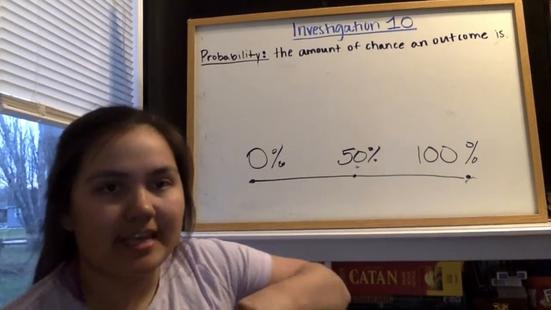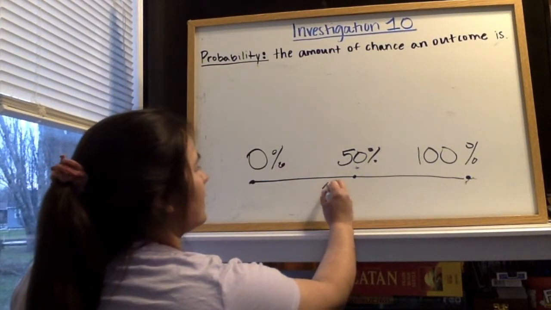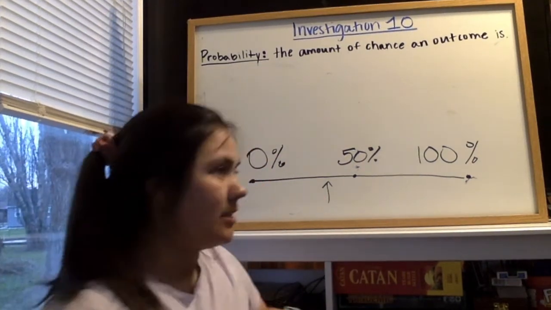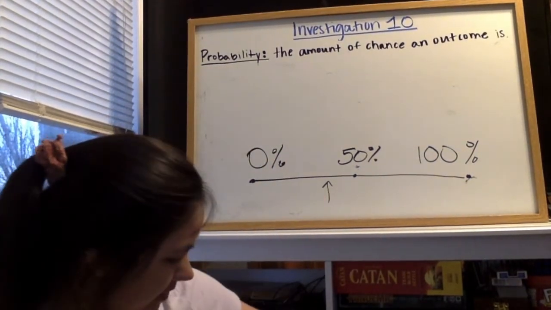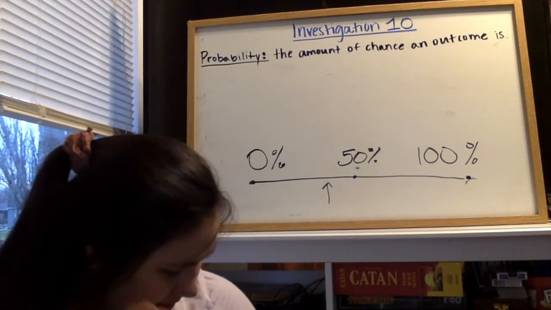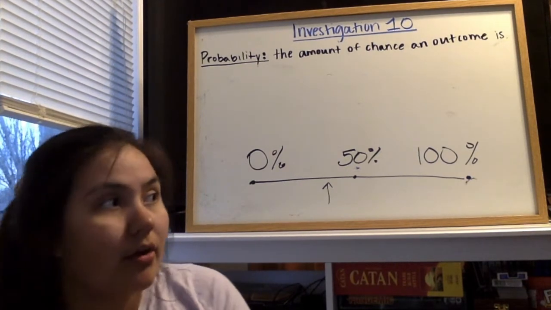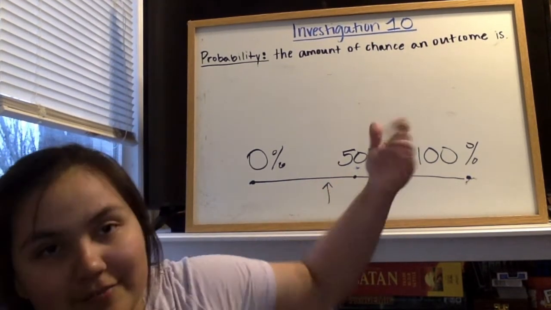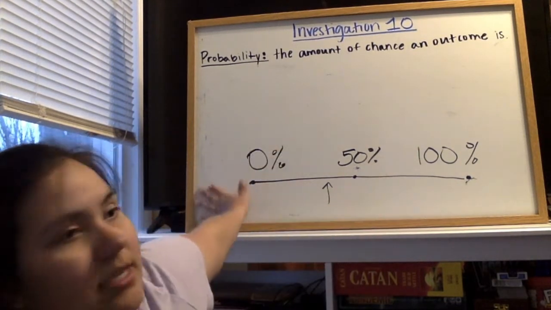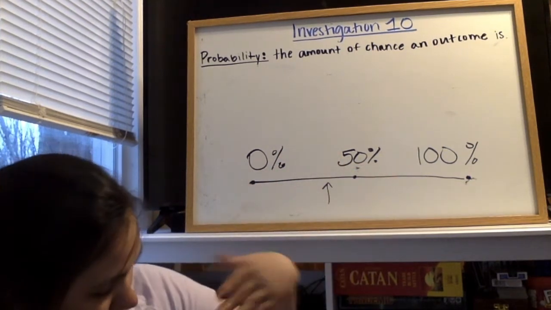So if they say there's a 40% chance of rain, that's going to be about right below the 50. So that means it's more likely that it's not going to rain here, okay? If it was higher than 50, then it's more likely that it'll rain, okay? The closer we are to 0, if we're below that 50 line, then the less likely it is.